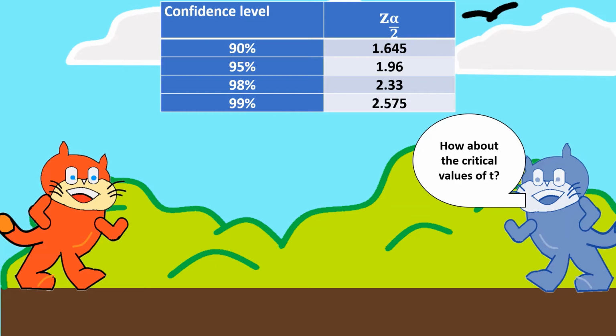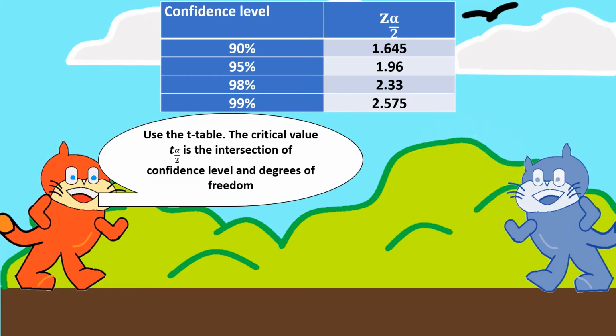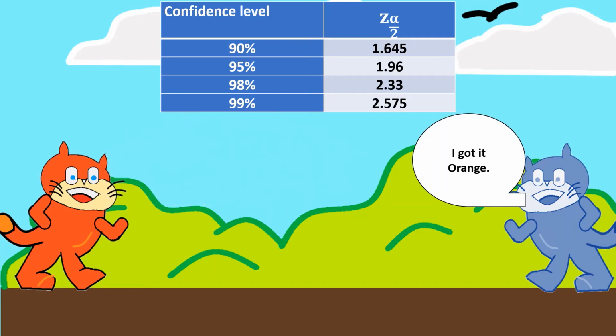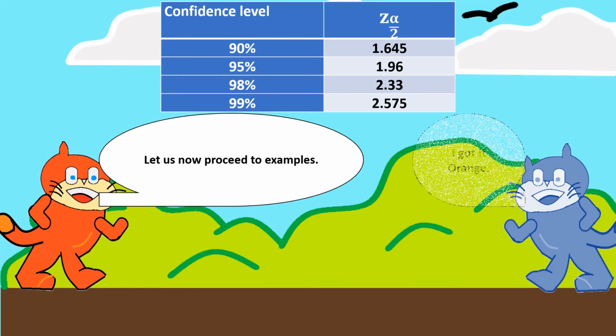How about the critical values of t? Use the t-table. The critical value of t is the intersection of the confidence level and the degrees of freedom. I got it, Orange. Let's now proceed to examples.